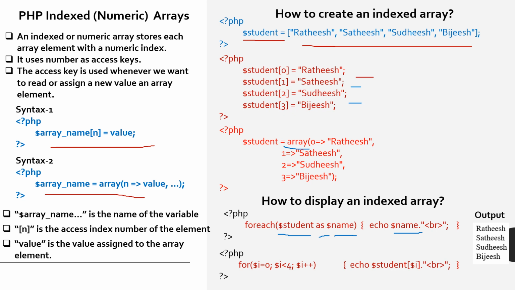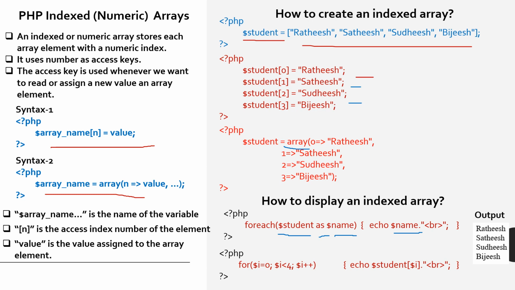That is also possible. Suppose this value is not known, we can count the number of elements using count, and consider that as the length. This is about indexed arrays.